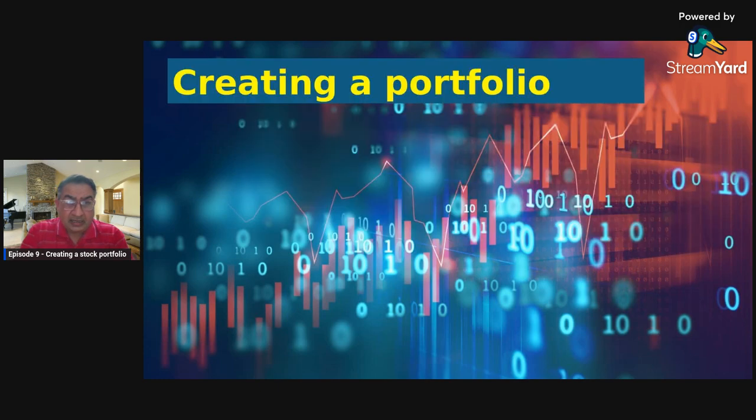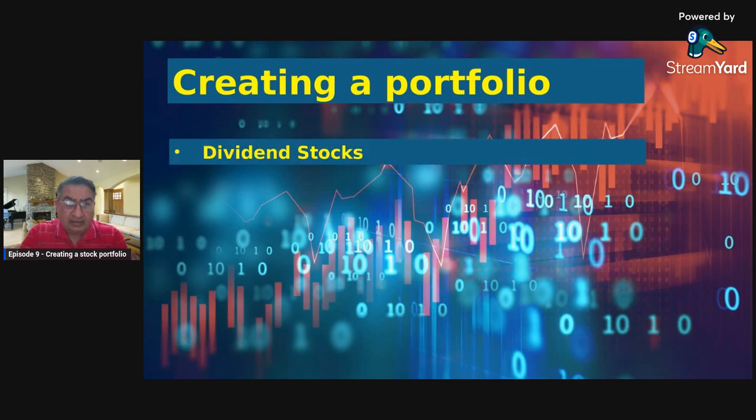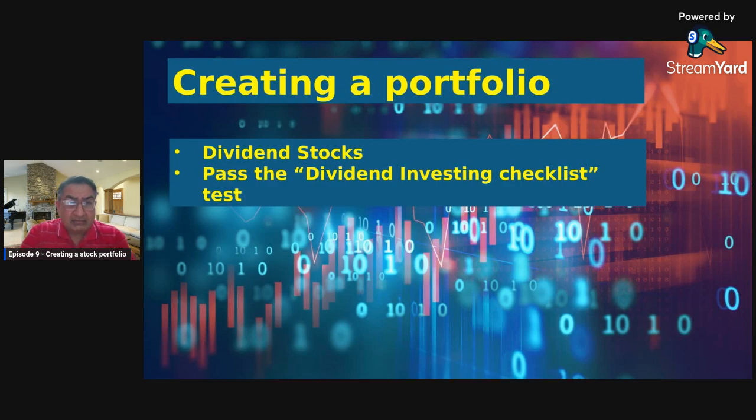Anyway, let's move ahead. While creating a portfolio, I will call out a few things that we need to look at. First and foremost, being dividend investors, we would want to invest in dividend stocks, so look at dividend stocks with high dividend yields. The second and most important criterion is that these stocks should pass the dividend investing checklist test.